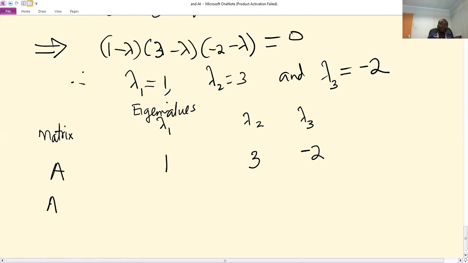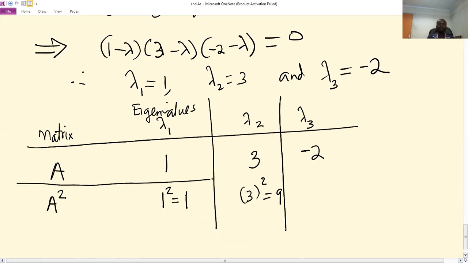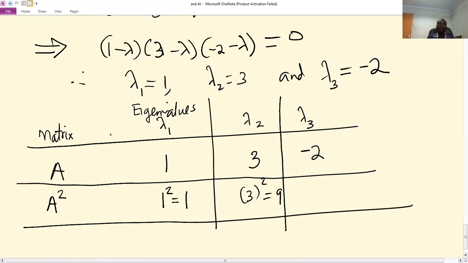Now, A squared will have 1 squared, which is 1, 3 squared, which is 9, and minus 2 squared, which is 4.